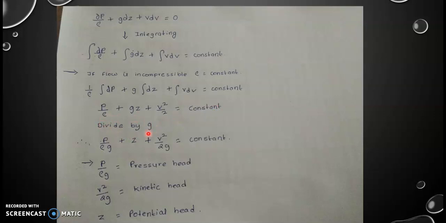Now if we divide this equation by g, then we'll get p divided by rho g plus z, as g gets cancelled, plus v square divided by 2g is equal to constant. So finally what you are seeing is Bernoulli's equation. So p divided by rho g is the pressure head, v square divided by 2g is the kinetic head, and z is the potential head.